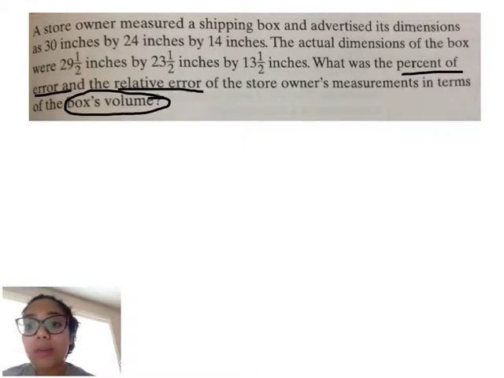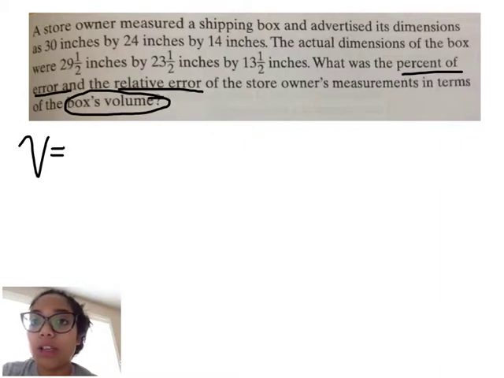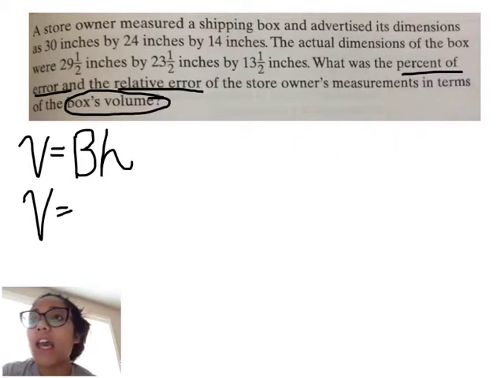Well, the volume of everything is volume equals big B, and remember what big B stands for. Big B stands for the area of your base times your height. Lucky enough for you, this is a shipping box, which means it's a rectangular prism, which means you can just do length times width times height, because that's essentially what you're doing. So you can multiply all of the dimensions, and that's how you'll get the volume.